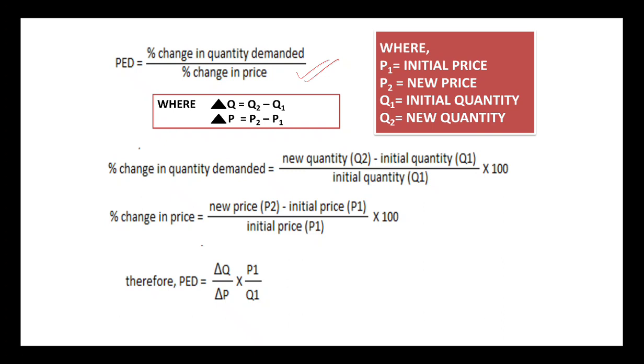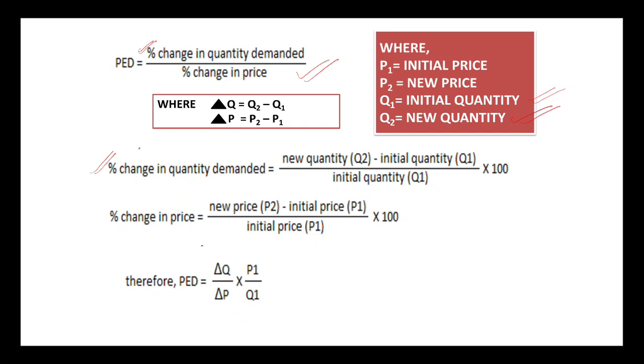Now if we elaborate this portion, first we take the numerator. Percentage change in quantity demanded: in the numerator we take the new quantity, which we denote by Q2, minus the initial quantity, denoted by Q1, divided by your base, that is your initial quantity Q1, into 100.